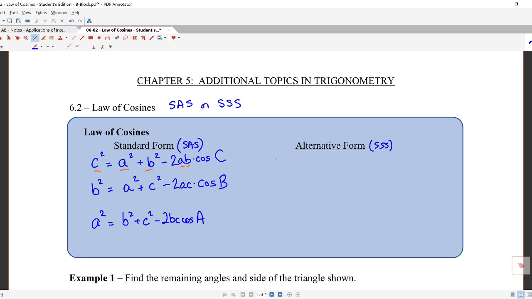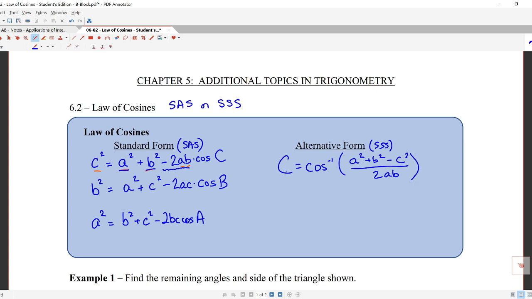Using this version, starting with angle C, you'd have to get rid of the cosine in front of it, so there's your cosine inverse of... to solve this equation, we would start by subtracting a squared and b squared, then divide by negative 2ab. When you divide by that negative, all the signs switch, so you get a squared plus b squared minus c squared over 2ab.